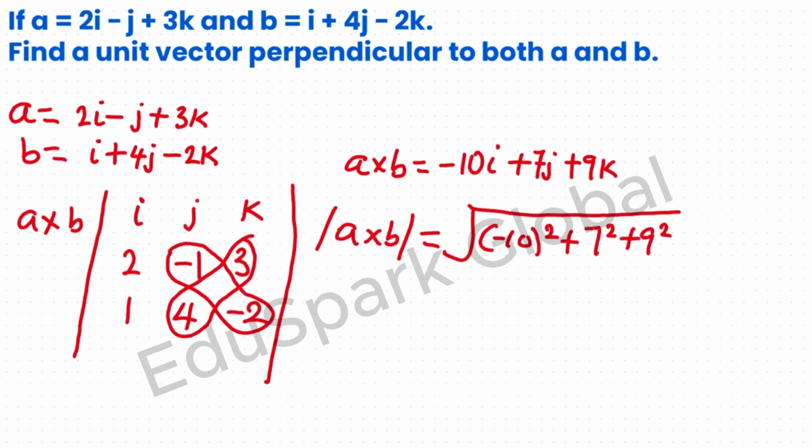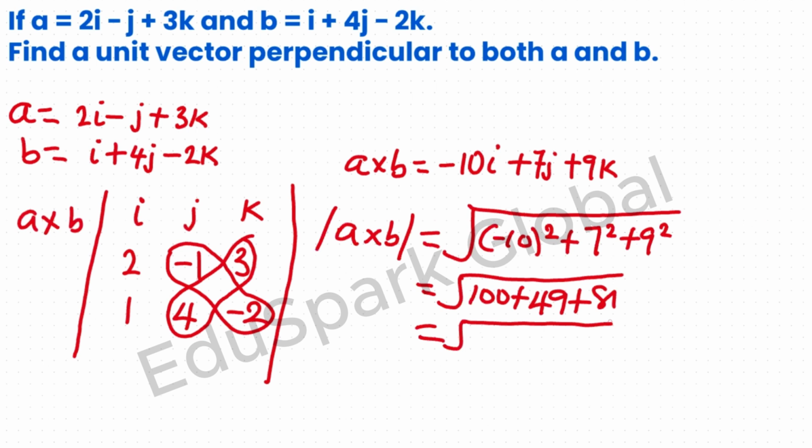This gives us the square root of 100 plus 49 plus 81, because 10 squared is 100, 7 squared is 49, and 9 squared is 81. This gives us root 230.